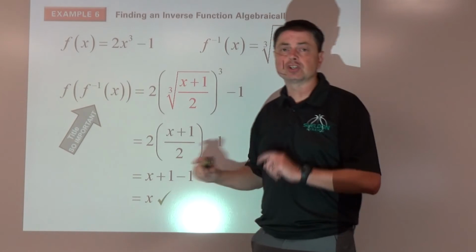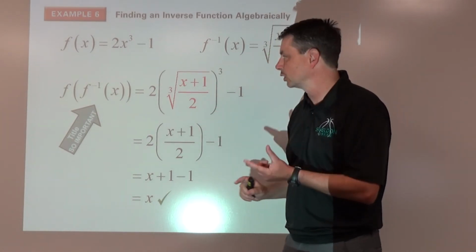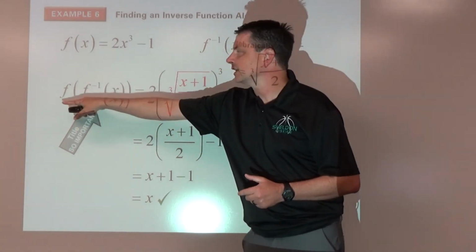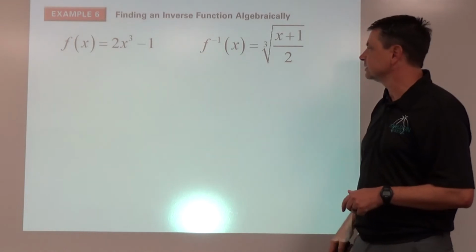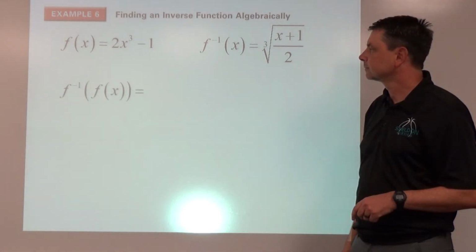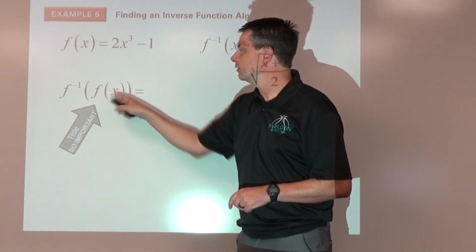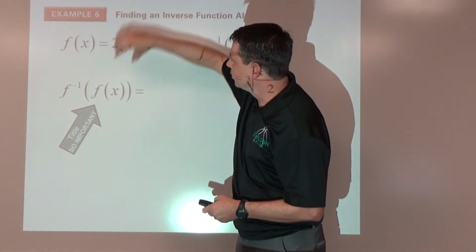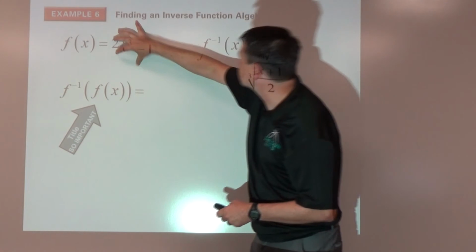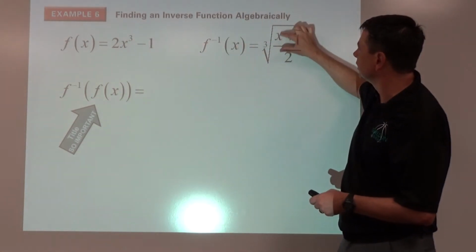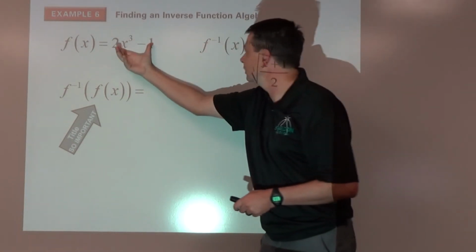All right, remember we have to show it both ways. We have to now reverse it, put f inverse on the outside, f on the inside. So again, have to have the title, f inverse of f of x. This time I'm plugging the inner function, this, into here. So I'm going to replace that x with this.